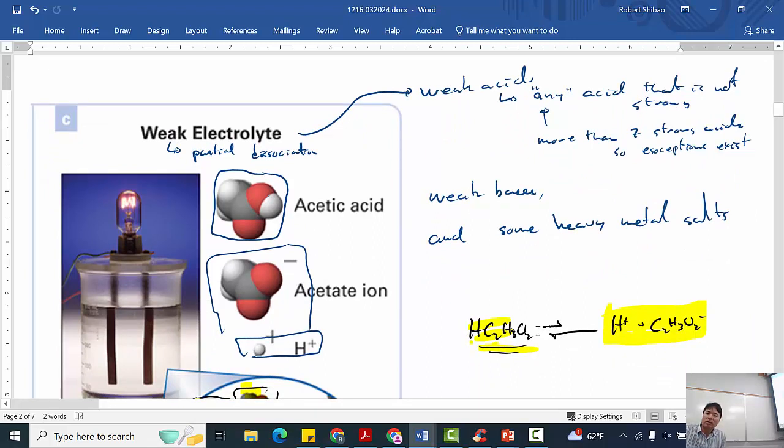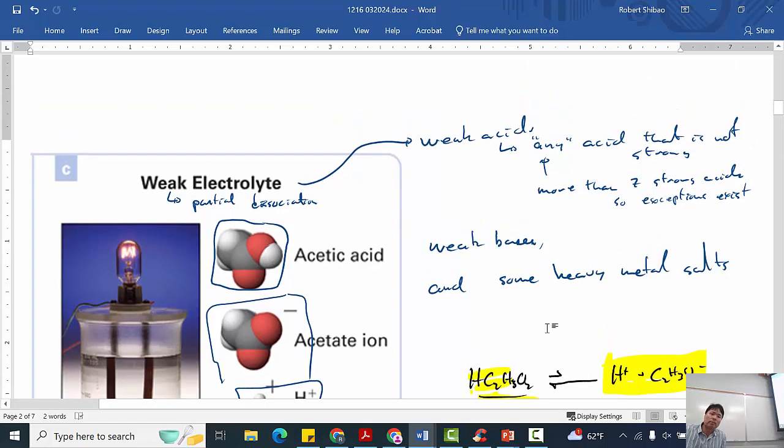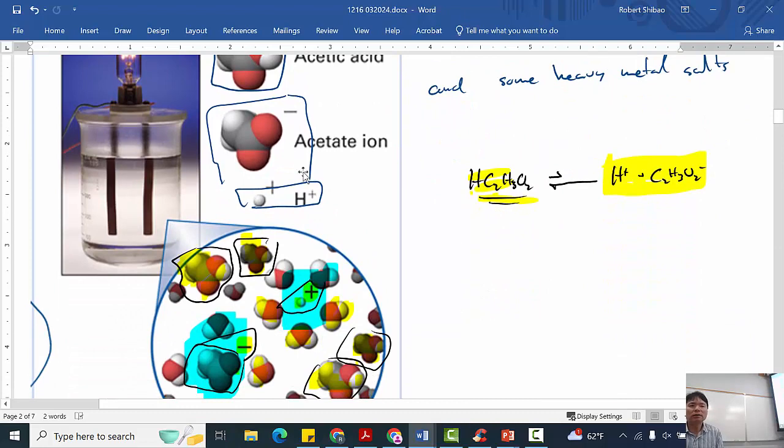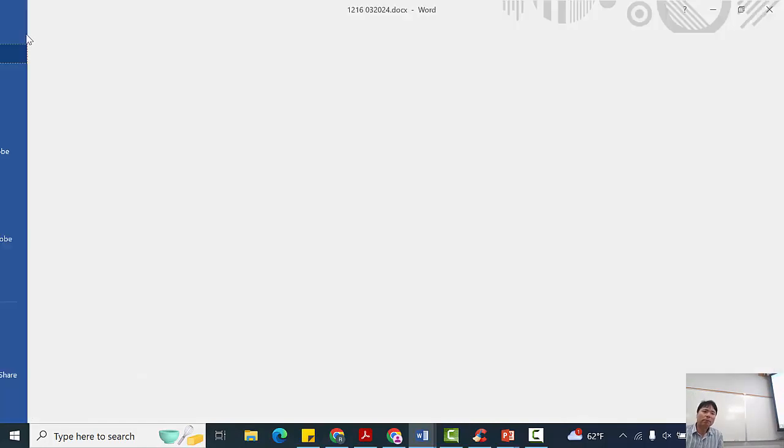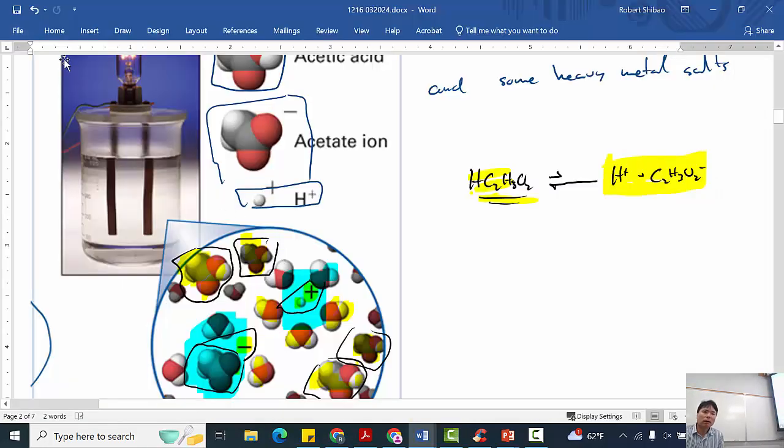A weak electrolyte is only partially ionized. If acetic acid were a strong electrolyte, if acetic acid were a strong acid, it would conduct electricity very well. Any non-electrolytes? Yeah, non-electrolytes we have to talk about next.